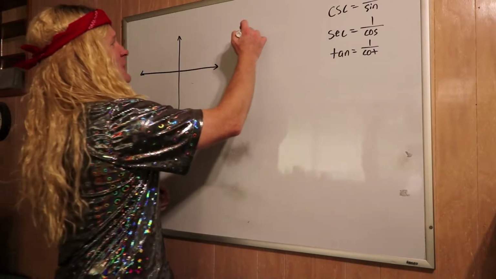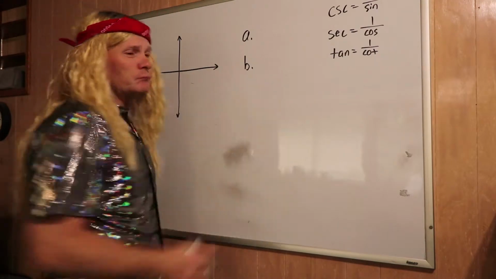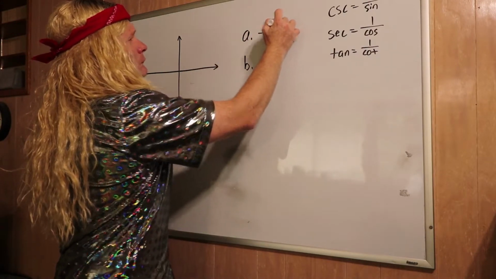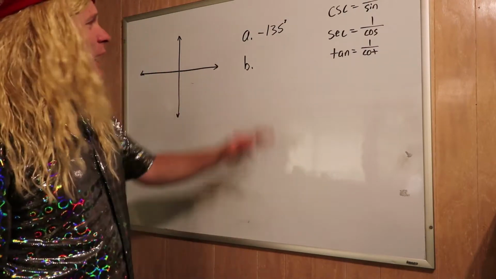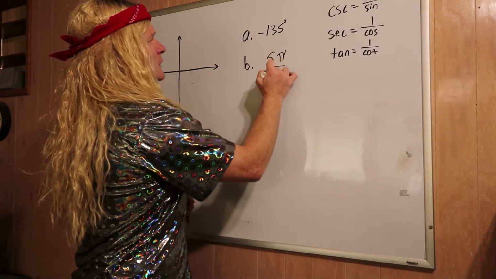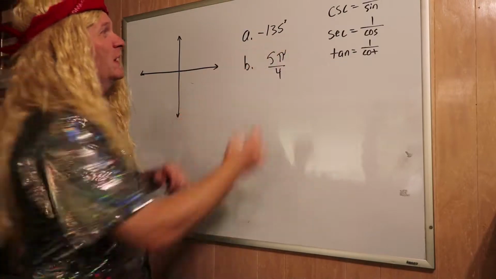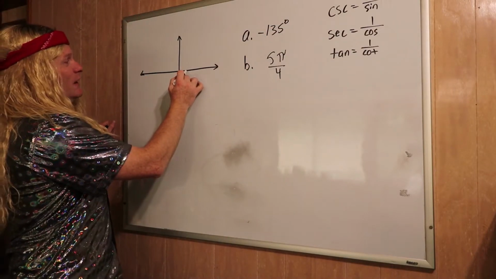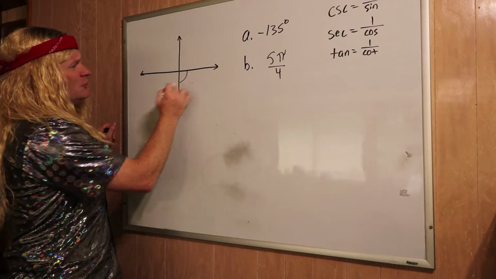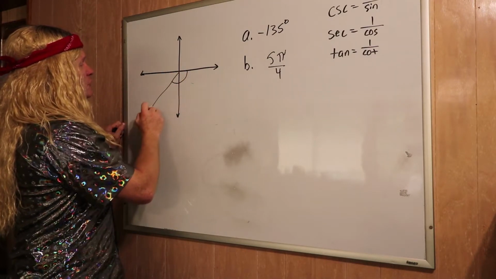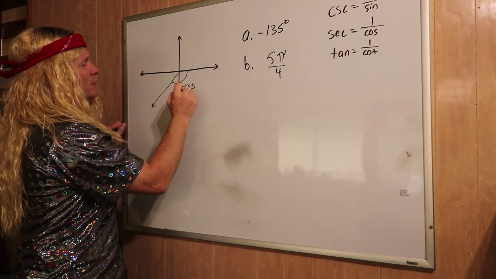We talked about this a little while ago, how to find the reference angles for a couple of these. So, let's see if we can find the reference angle for negative 135. So we're going to draw that angle. There's negative 90. Another 45 is right about there, so that's negative 135.